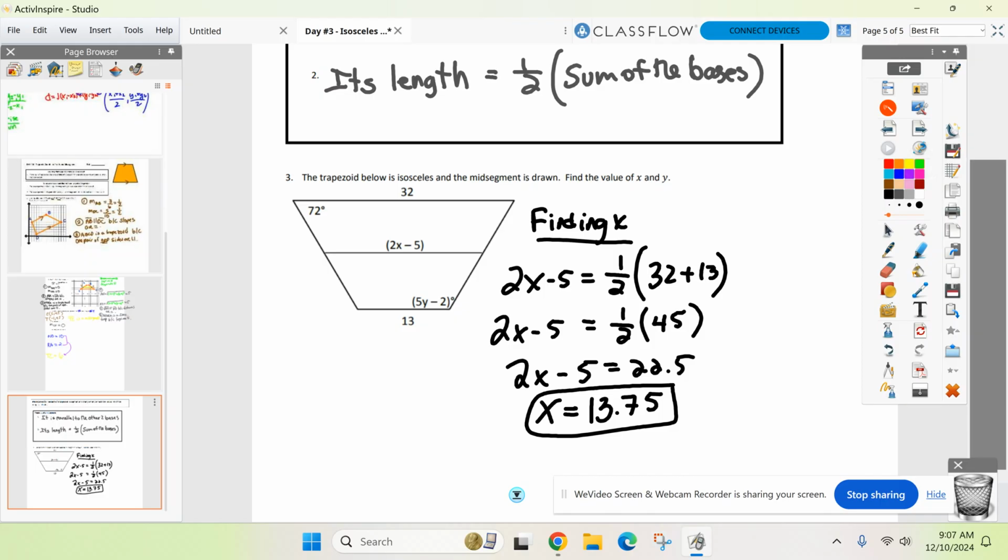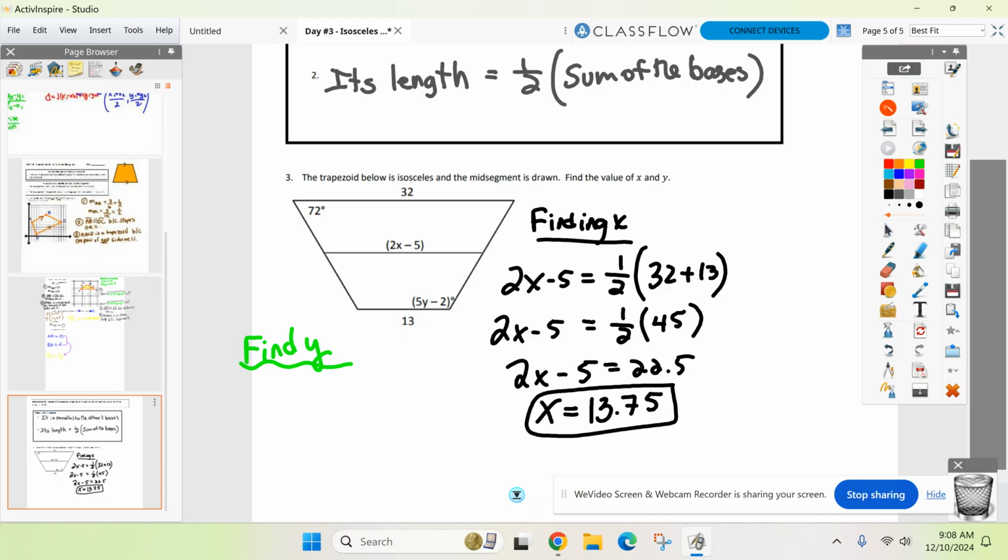And we ready for y? I want to remind you this is an isosceles trapezoid when we find y. Start thinking about some properties in your head here. It's an isosceles trapezoid. Let me start here. I got 72 here.